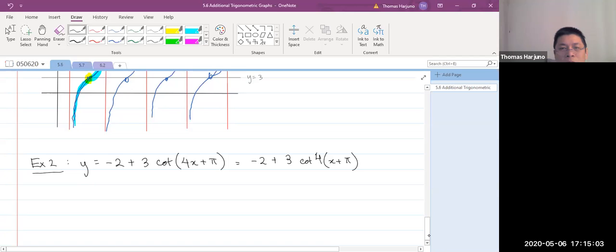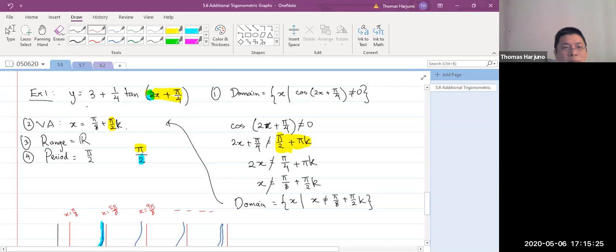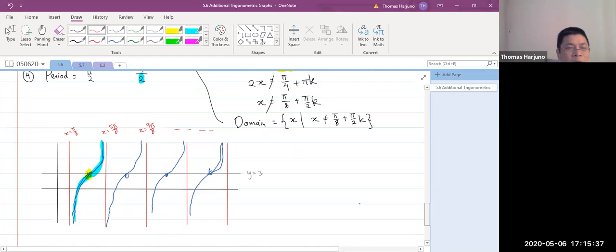Now you see the phase shift is pi, I'm sorry, pi over 4. So the phase shift is negative pi over 4. Just like the one here, the phase shift will be negative pi over 8.